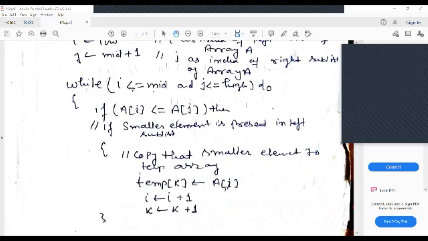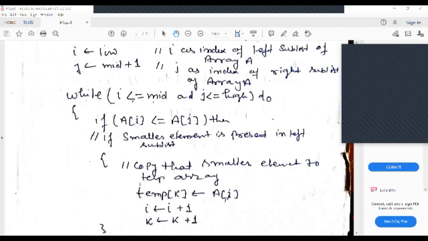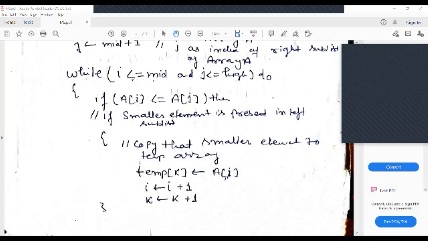So if the smaller element is present in the left sublist, that is ai is less than or equal to aj, in this case what do you do? Copy the smaller element to the temporary array, which we have already sliced to some maximum size. So temp k is equal to ai.